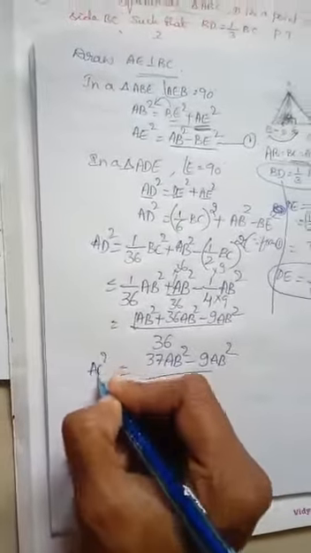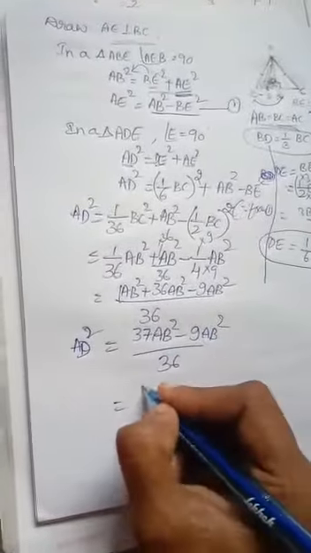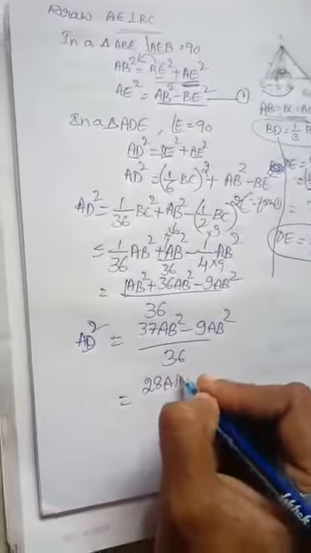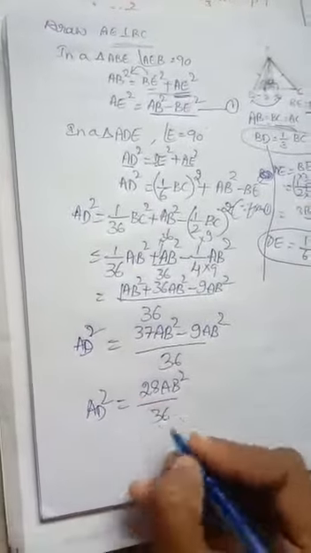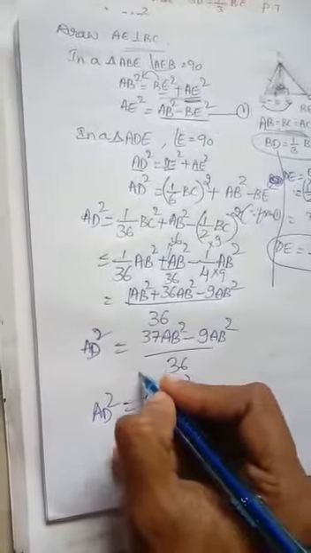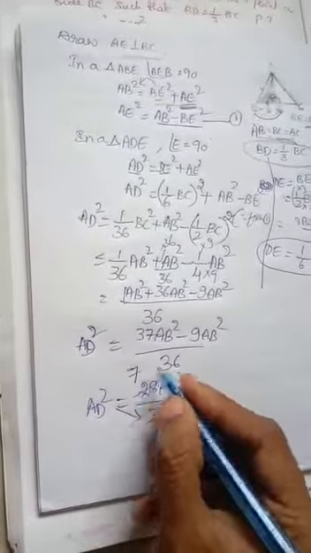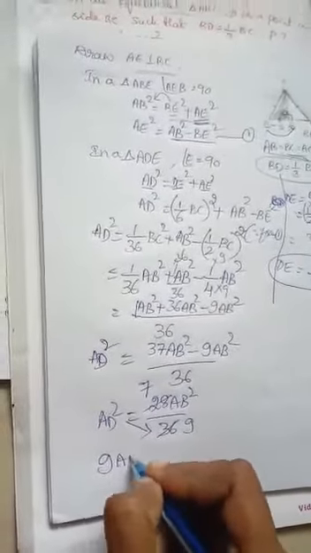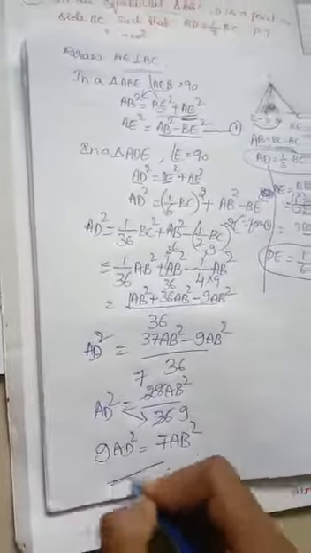AD square is written as it is. 37 minus 9 means 28 AB square by 36. 4 7s are 28, 4 9s are 36. By cross multiplication, 9 AD square is equal to 7 AB square. This is the proof of the problem.